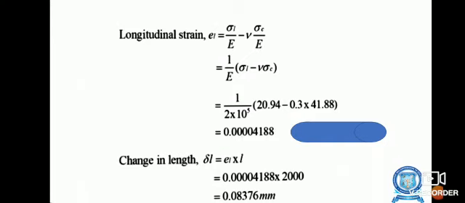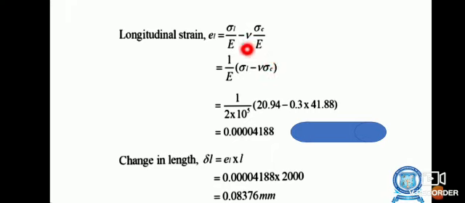Next we have to find out the longitudinal strain. The formula for the longitudinal strain E L is equal to sigma L divided by E minus mu into sigma C divided by E. So we have simplified that formula: 1 divided by E, longitudinal stress minus mu, that is Poisson ratio, mu into hoop stress.